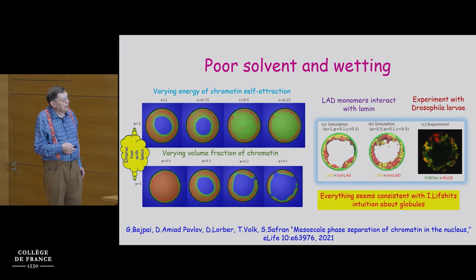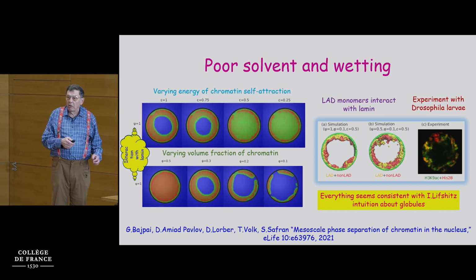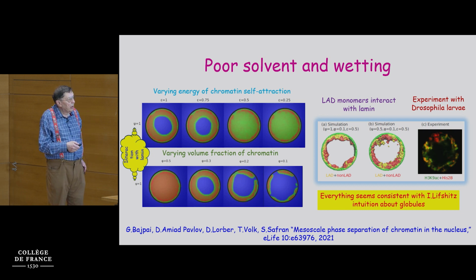A more sophisticated simulation along the same lines was done by the group of Sam Safran in Israel. And you see, varying the energy of chromatin self-attraction, they can obtain chromatin that sits mostly along the surface or mostly in the middle.